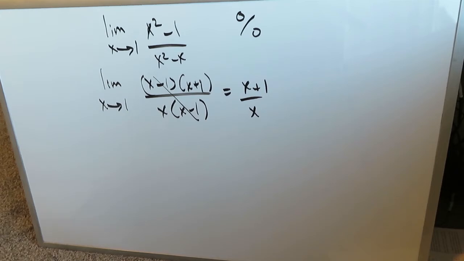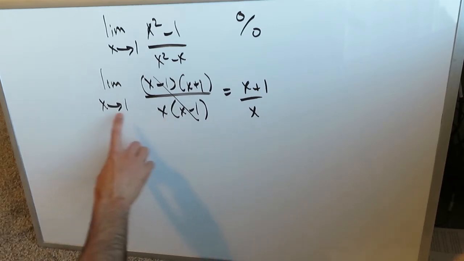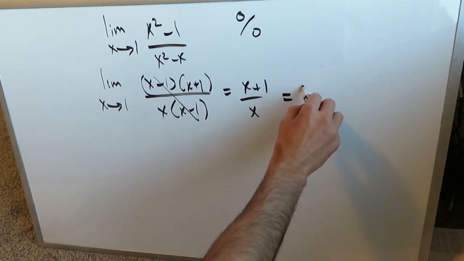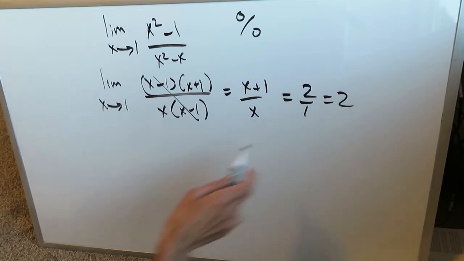And if you remember, I cautioned anyone watching this video that if you don't really have to use L'Hopital's rule, then you shouldn't use it, because you can end up getting a wrong answer. Sometimes you can get lucky and get away with the right answer, but here if we put 1 in, it would be 2 over 1, and our limit would be 2, and we would be done. So you didn't really have to do a derivative procedure.